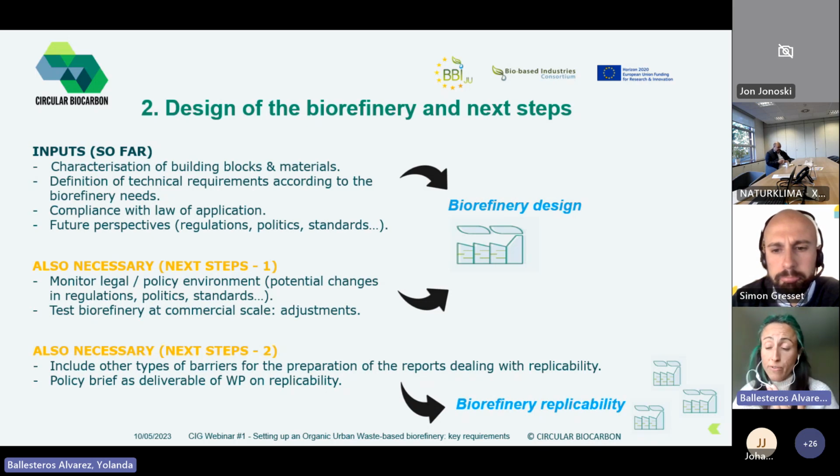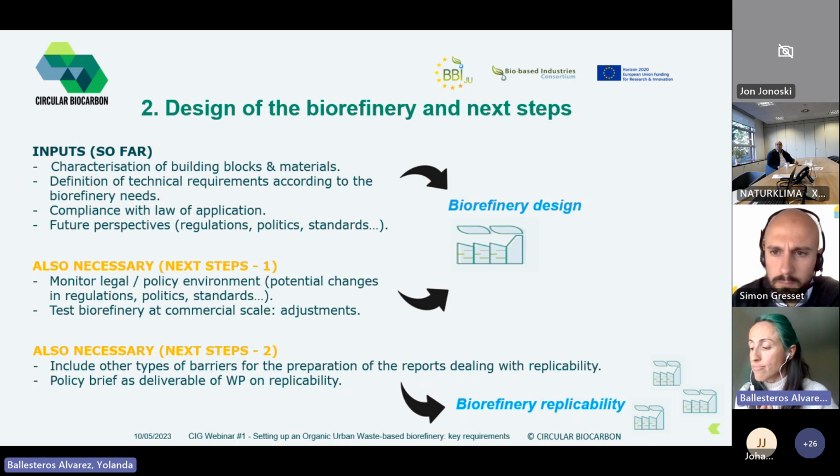These other types of information have been the results from the characterizations I have already mentioned, the definition of the technical requirements based on the desirable characteristics of the input and output streams, the law of application, and the future perspectives related to the regulations. So with all those inputs, we have designed the biorefinery.